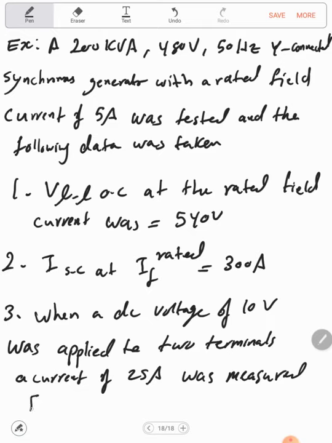Now we need to find RS and XS. Now simply we have all the information.